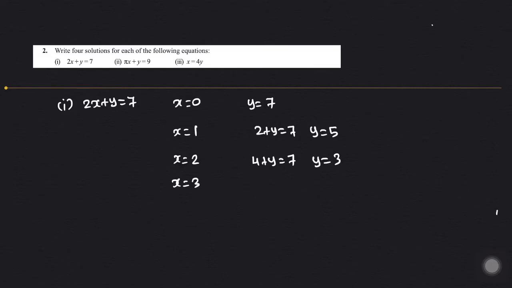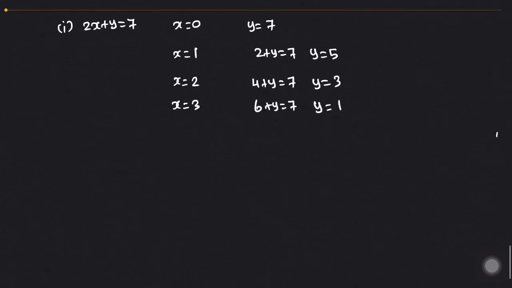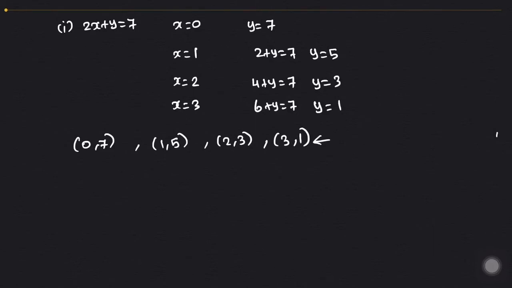Then x equal to 3, that means 6 plus y equals 7, then the value of y equals 1. So these are the 4 solutions: the first one is (0, 7), the next (1, 5) and (2, 3), then (3, 1). When applying these numbers, we get 7.